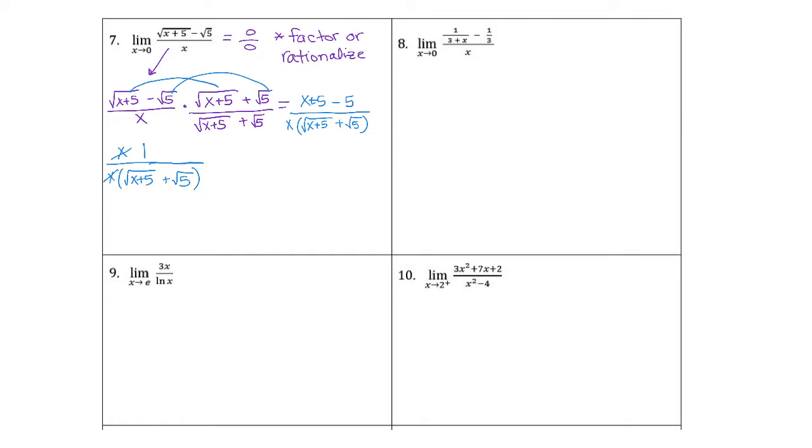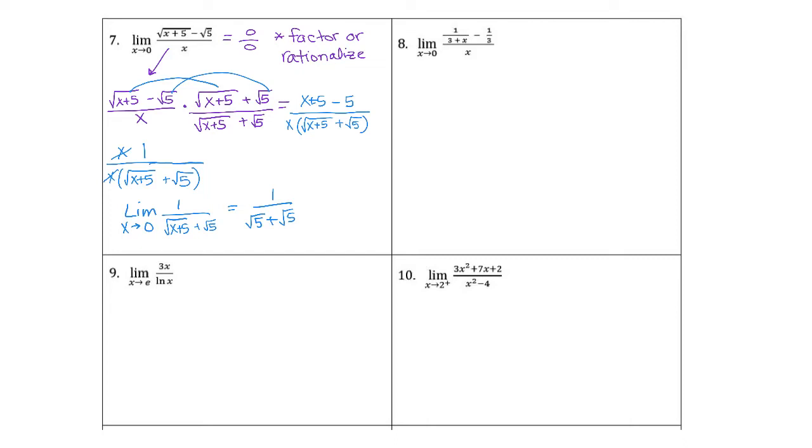Now we can reapply the limit. Now we can go through, and we're going to have the limit as x approaches 0 of 1 over the square root of x plus 5 plus root 5. And now our limit as x approaches 0, we're going to make that substitution. And we have the square root of 5 plus the square root of 5. And you're welcome to stop there. You don't have to continue with that.